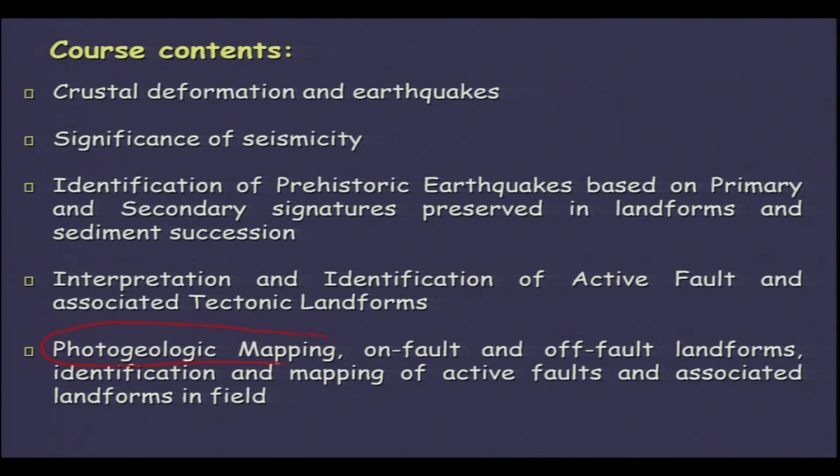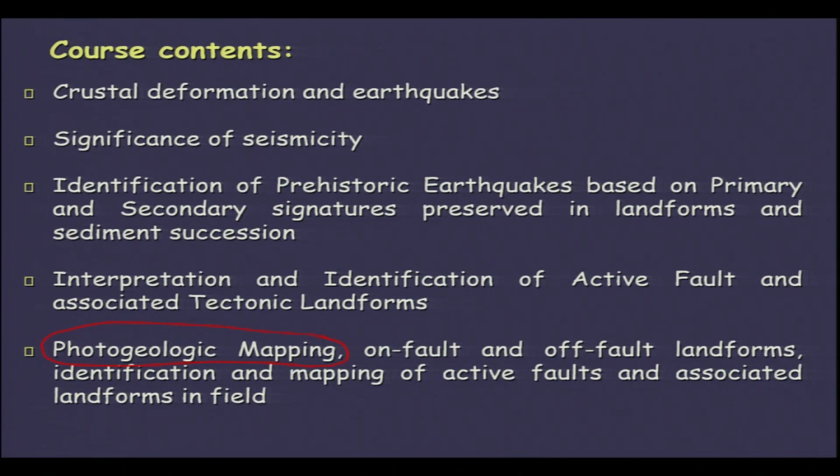Okay. So, we will give you some lectures which will talk about how we are using high resolution satellite data or photos, and what are the ways to see the landforms or the landscape or the earth surface in 3 dimensions.